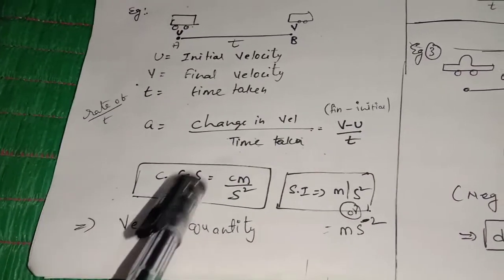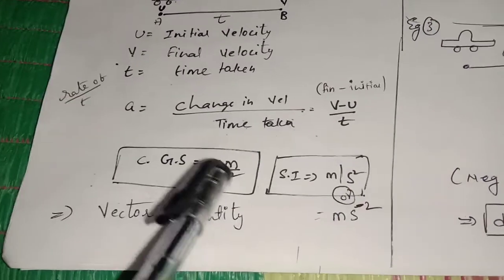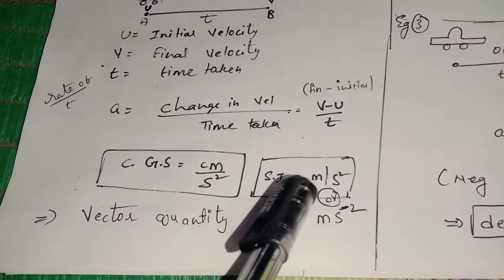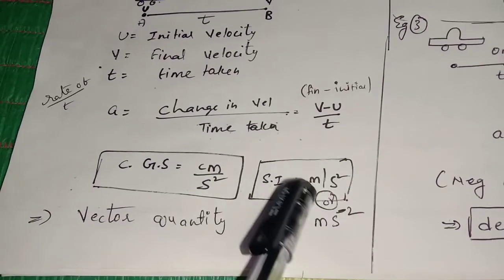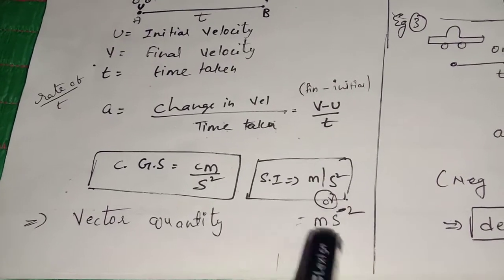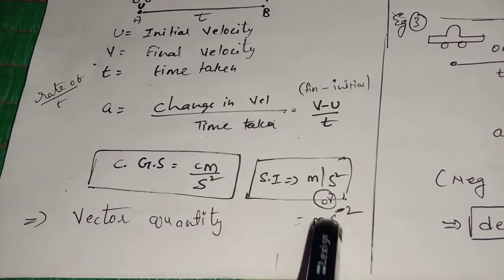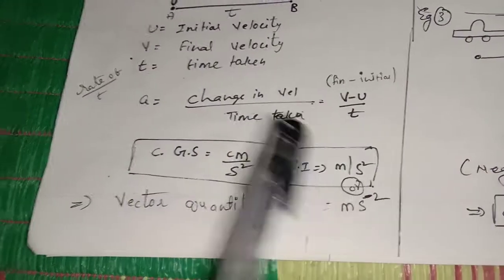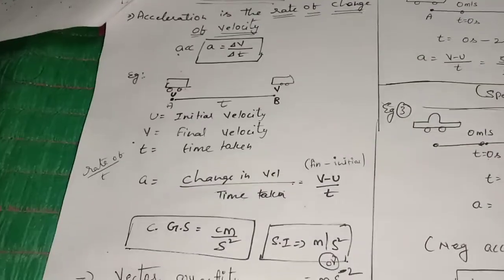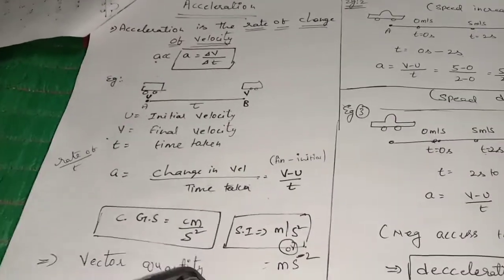In CGS we have centimeter per second square. In SI system we have meters per second square. This meters per second square we can also represent as meter second minus 2. So this s squared will come upside, meaning it will become a negative sign. Acceleration is a vector quantity.